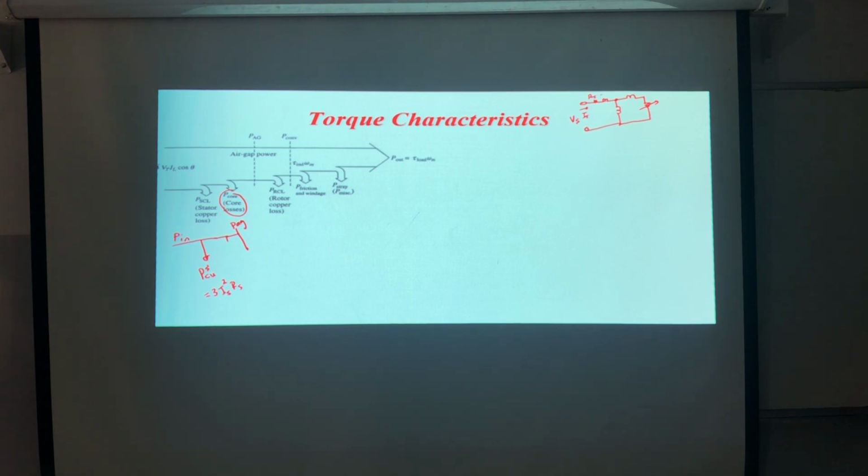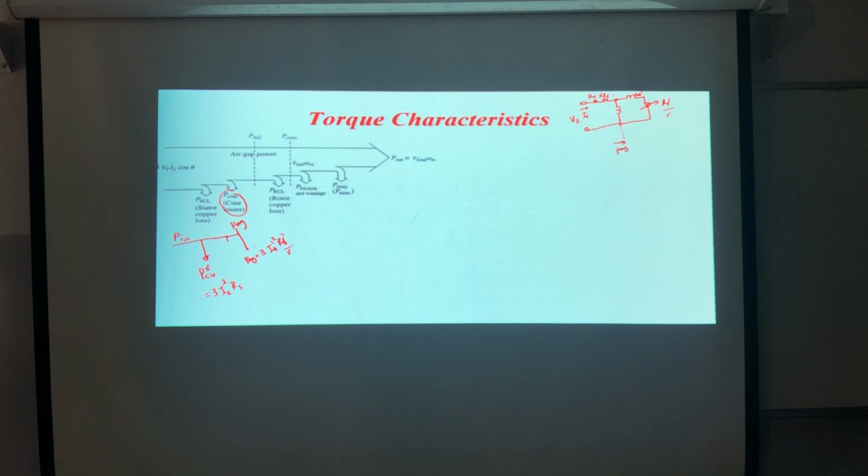This is RS, XLS, let's say, XLR dash, R R dash over S. Now, this is the power in the air gap. Now, the power in the air gap will be equal to what? The power dissipated by this resistance, the total resistance, correct? So the power in the air gap equals 3 I R dash squared times R dash over S.